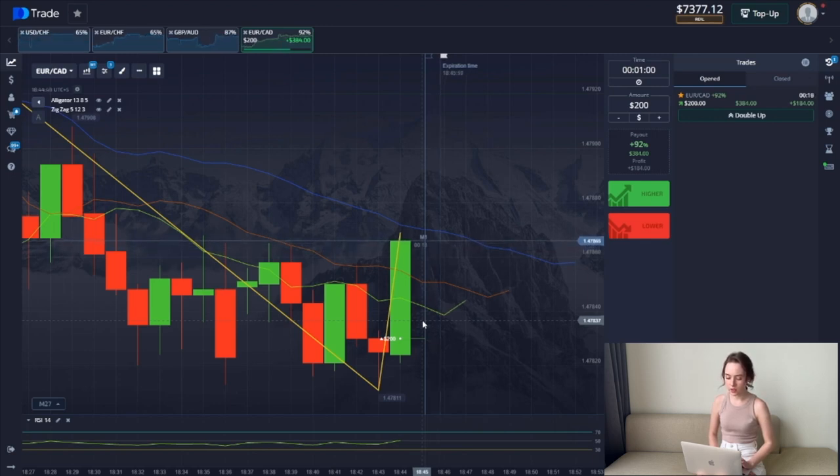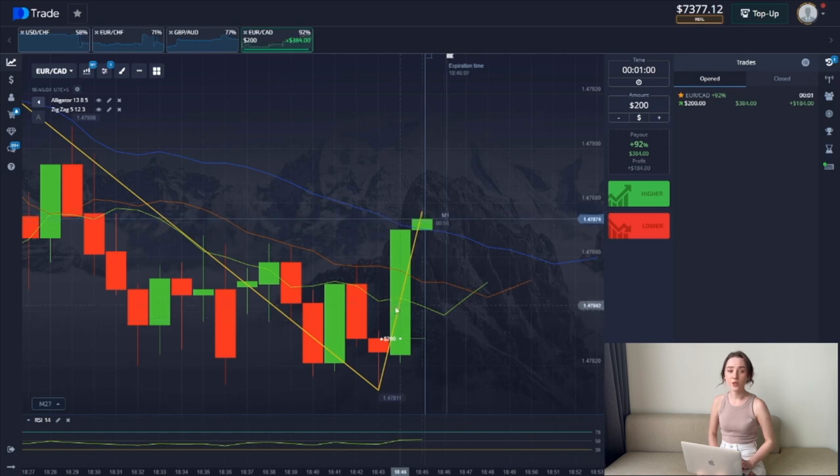The zigzag hasn't yet changed its direction, but it's soon to do. And now we have already changed this direction. And we will wait for the closing of the transaction. And one more deal in our pocket, and we move to the next currency pair.